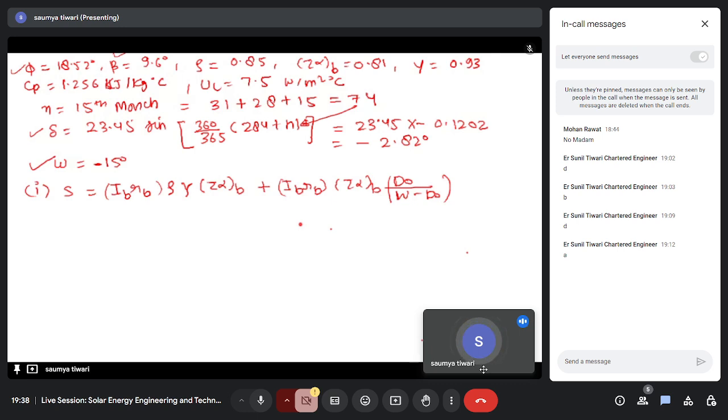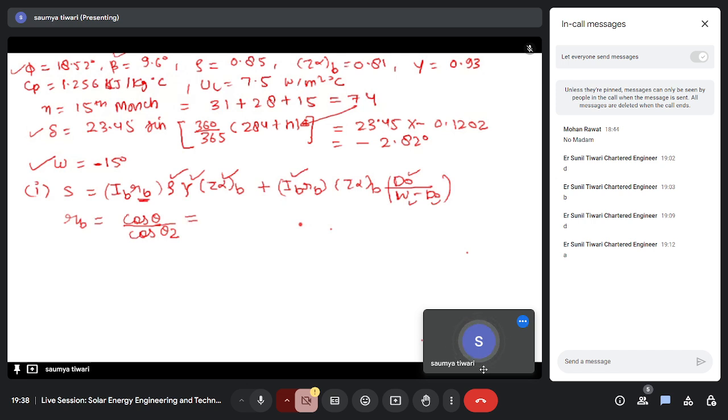Now we know reflectivity, intercept factor, tau alpha, IB, and D naught, W. What we don't know is this RB. For RB, we already know this factor: it will be cos theta upon cos theta z, for horizontal and for a slope of beta angle.